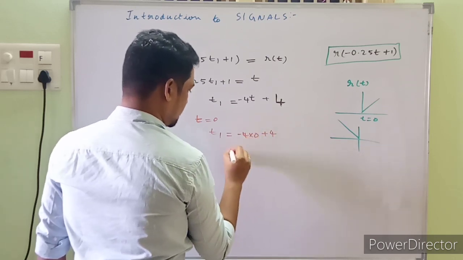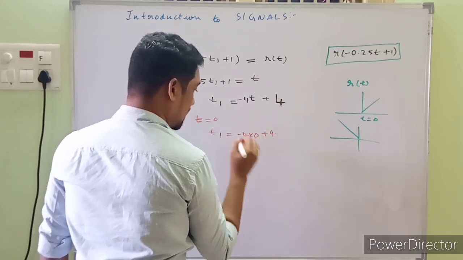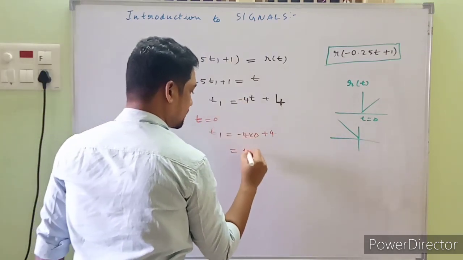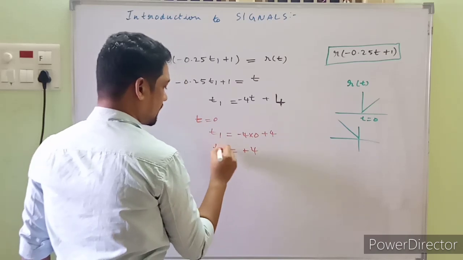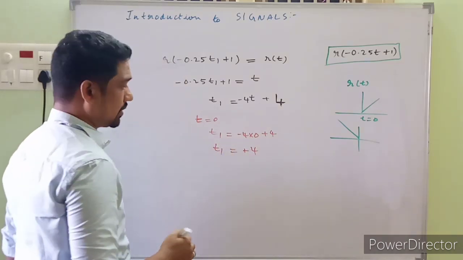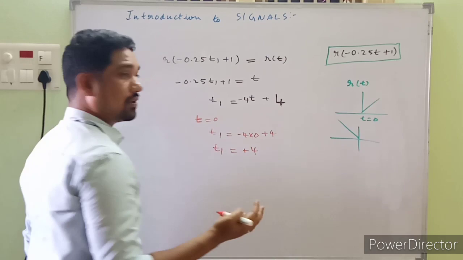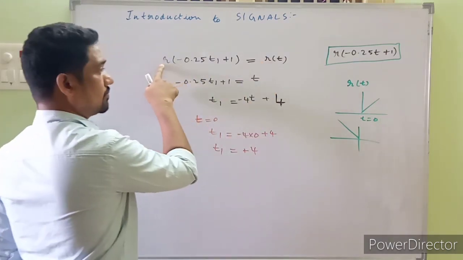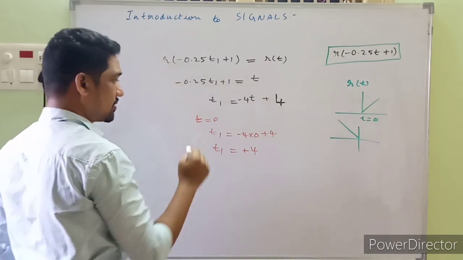So our manipulated signal would start commencing from plus 4. And the sketch would look like this, and I stress, nothing is done with the amplitude.